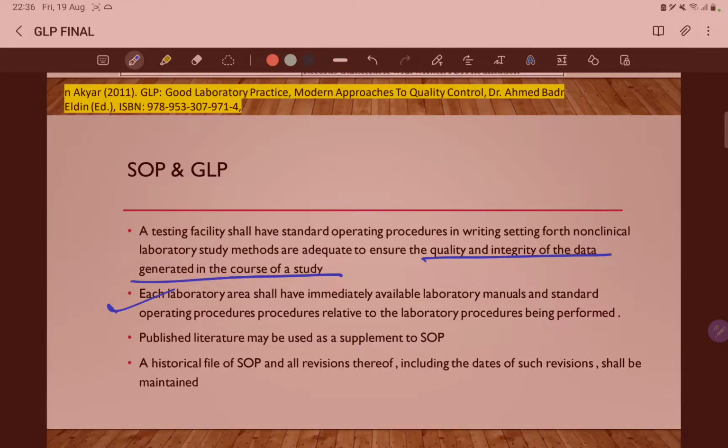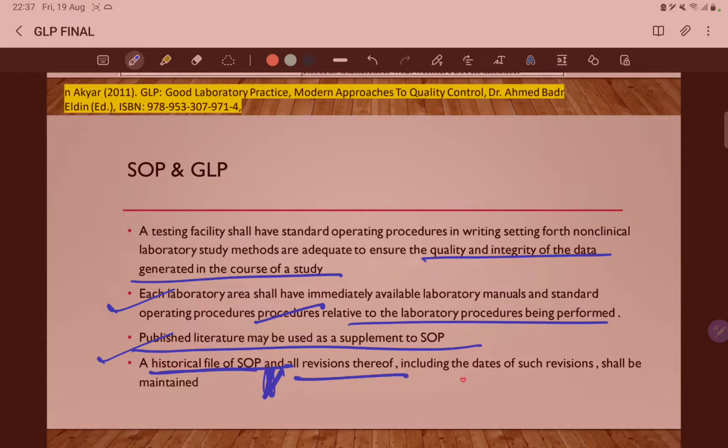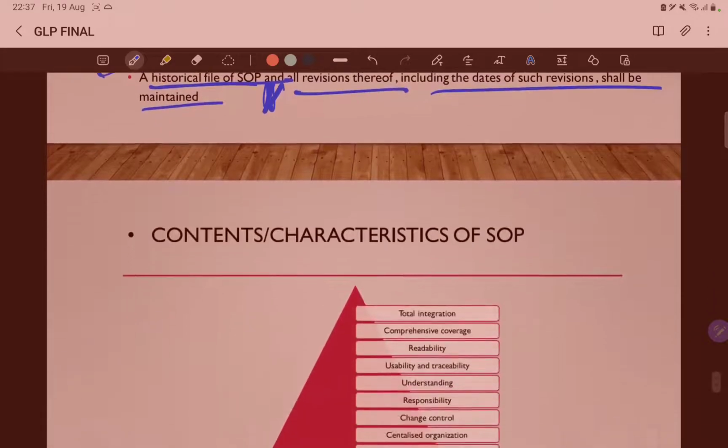Each lab area shall have immediately available lab manuals and standard operating procedures relative to the laboratory procedures being performed. Published literature must be used to supplement the SOP. A historical file of SOPs and all revisions thereof, including the dates of revision, shall be maintained.